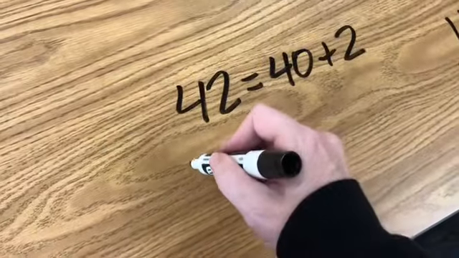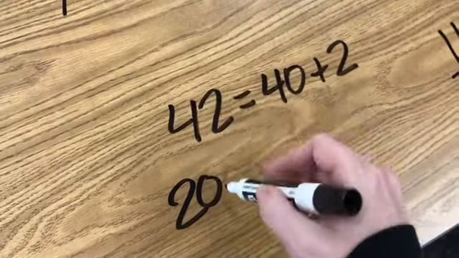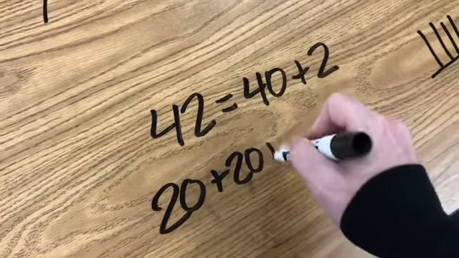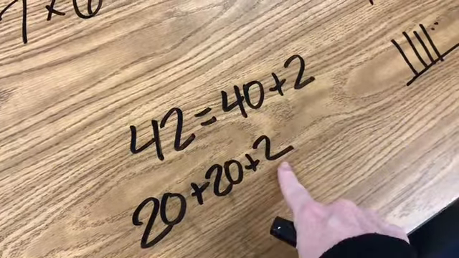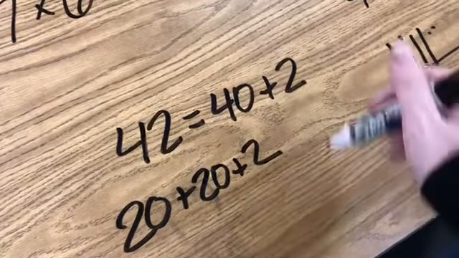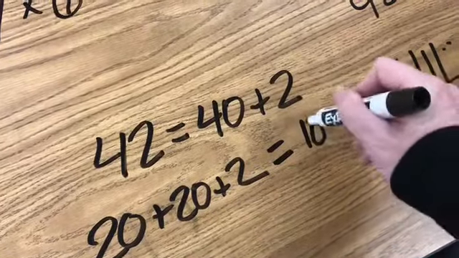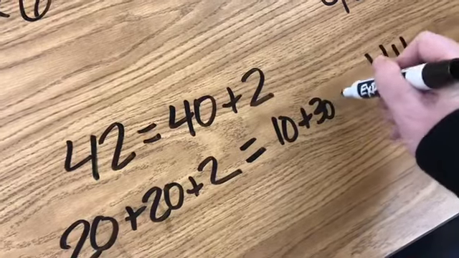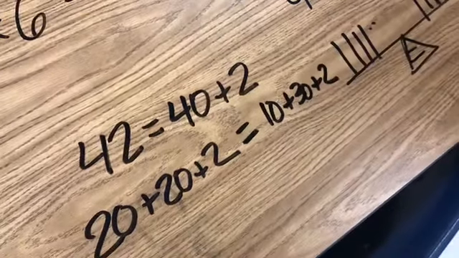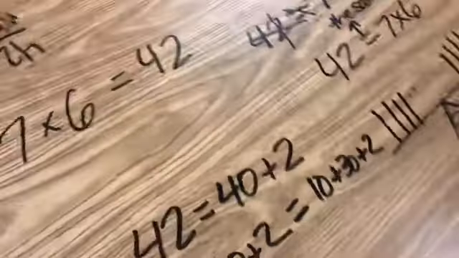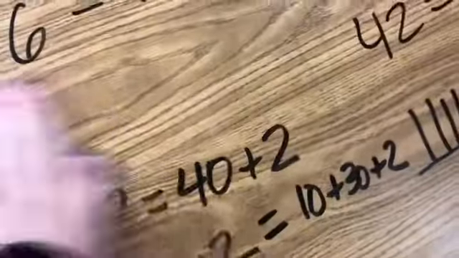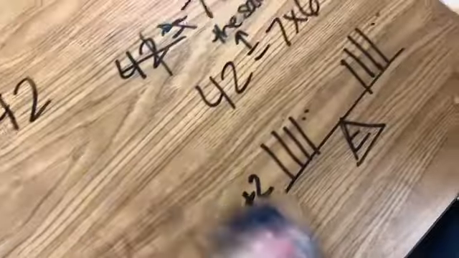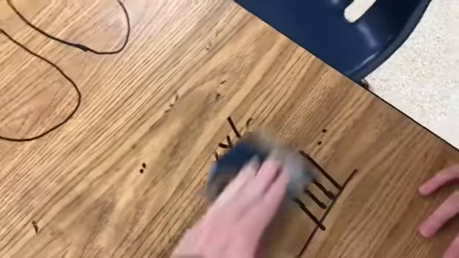Yes. Or I could break up my 40 into 20 and 20 and 2. That's still 42, right? Equals 10 plus 30 plus 2. Isn't that also true? So the equal sign means the same as. That's why it doesn't matter what side it goes on, but that's a really common misconception. Kids think that the equal sign means the answer.